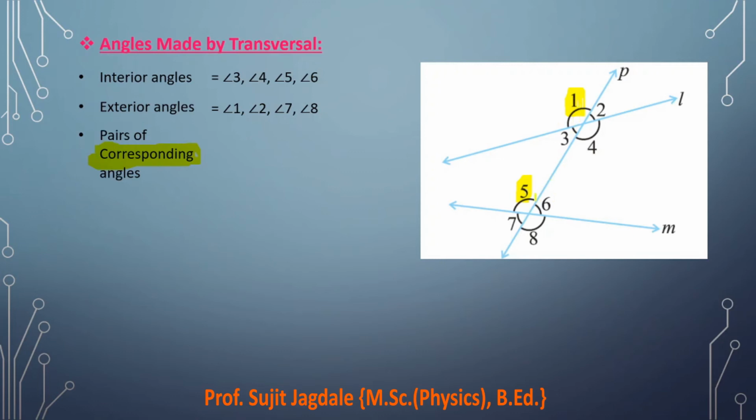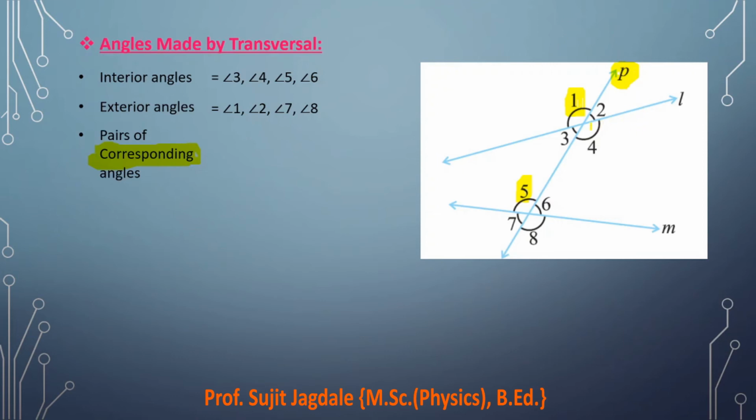If you compare the positions of angle 1 and angle 5, both are present on the left hand side of the transversal P. So same, left side.